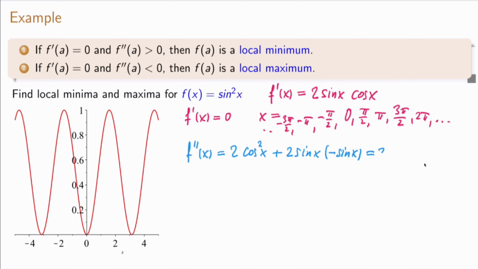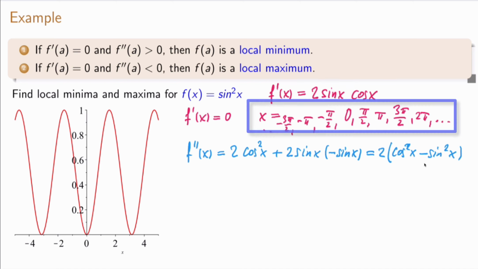So then this together is 2 times cosine square of x minus sine square of x. And now we sub in all those critical values. Minus 3 pi over 2, minus pi over 2, 0, pi over 2, pi, 3 pi over 2, 2 pi, etc., etc. So let's start with 0 again, and then let's work our way up and down.